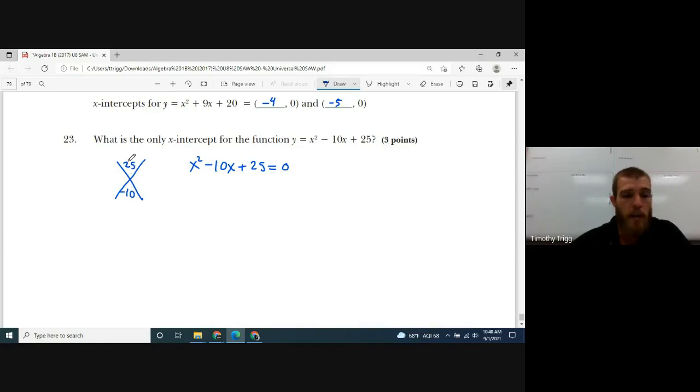Two things that multiply to give me 25 and add up to give me negative 10. That's negative 5 and negative 5. Notice they multiply to give you positive 25, and they add up to give you negative 10. So that tells us this trinomial factors as x minus 5 times x minus 5.